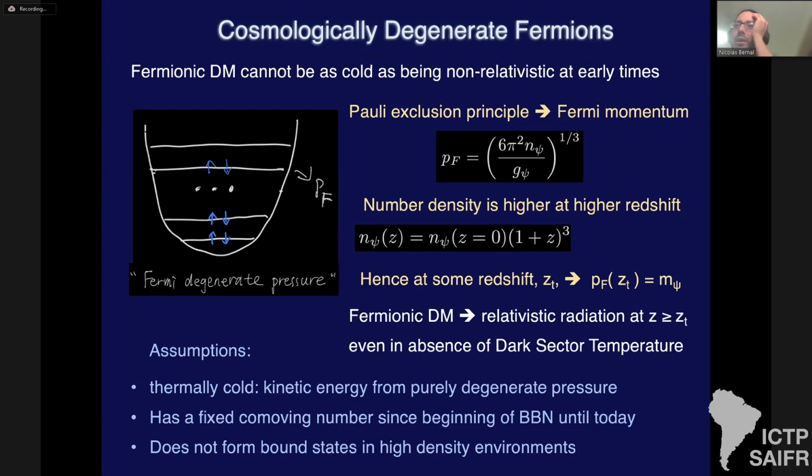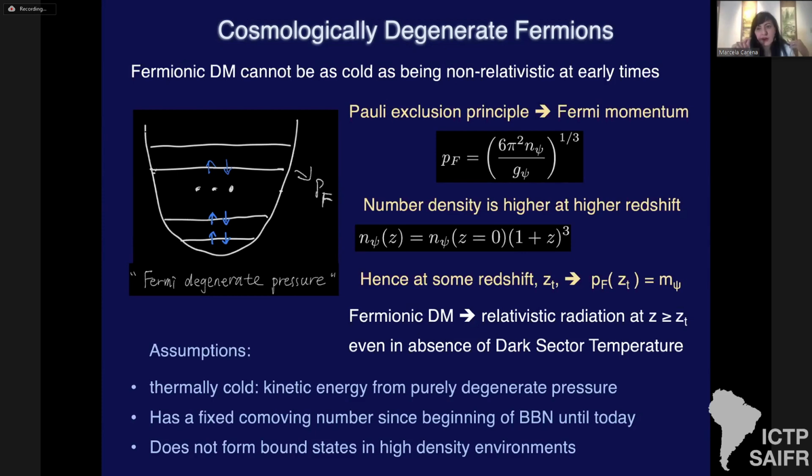You say relativistic radiation at G higher than GT, even in the absence of dark sector temperature. Why?